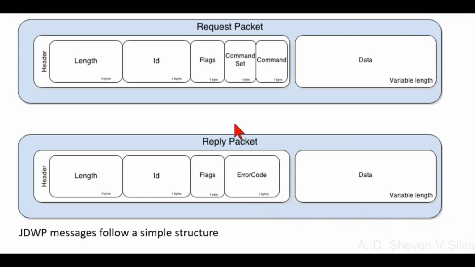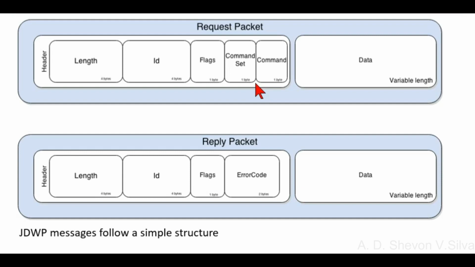Command packet header fields: command set and command. Command set: this field is useful as a means for grouping commands in a meaningful way. The Sun-defined command sets are used to group commands by the interfaces they support in the JDI. For example, all commands that support the JDI virtual machine interface are grouped in a virtual machine command set.